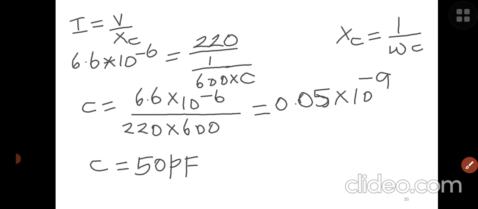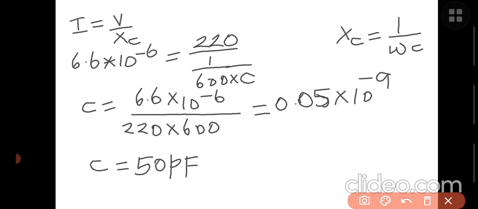I equal to V by Xc, where Xc is the capacitive reactance. It is given by the formula Xc equal to 1 by omega C, where omega is the angular frequency in radian. I is given as 6.6 into 10 to the power minus 6. V is given as 220 volt. Substituting in this formula, we get C as 0.05 into 10 to the power minus 9.